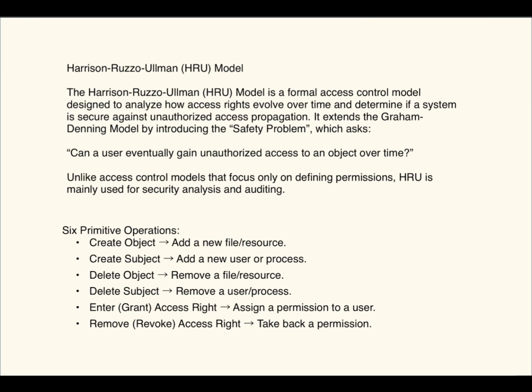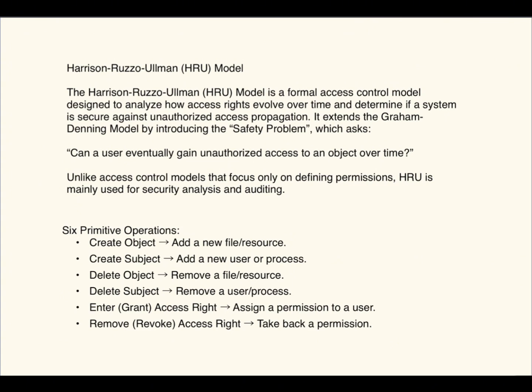So, real world applications of HRU: operating systems, Windows, Linux, Macintosh, track file permission and access changes. Cloud security, AWS IAM, Azure, GCP, audits user roles and privilege escalations. Identity and access management ensures that users do not accumulate excessive permissions over time.